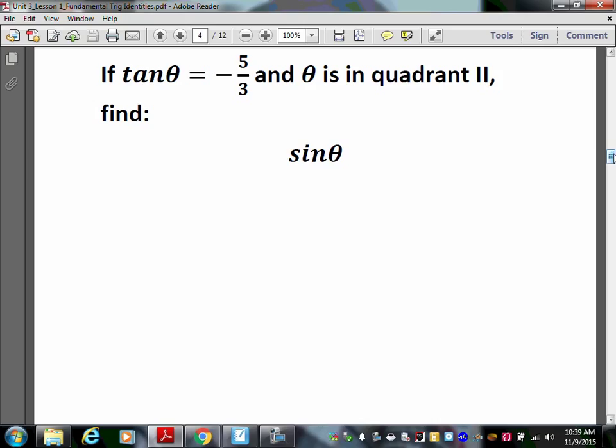So same information. This time I want to know what sine is. Okay, so this is where it gets a little bit tricky.